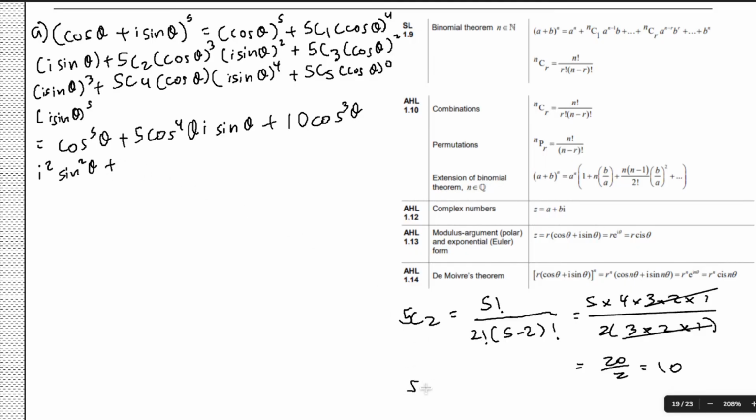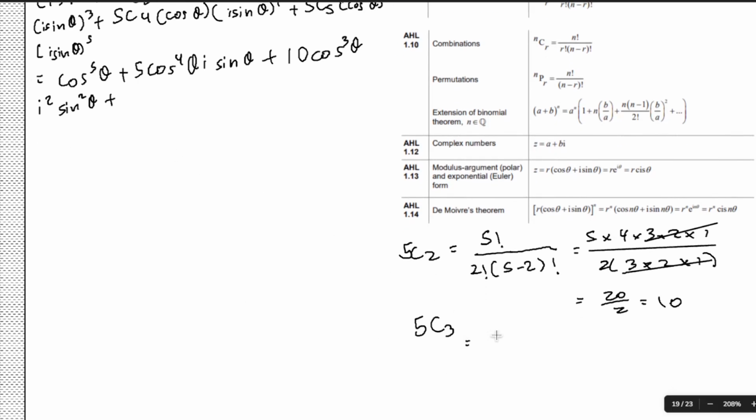We can do this again. Okay, and here we would have 5 factorial over 2 factorial times (5 minus 3) factorial.